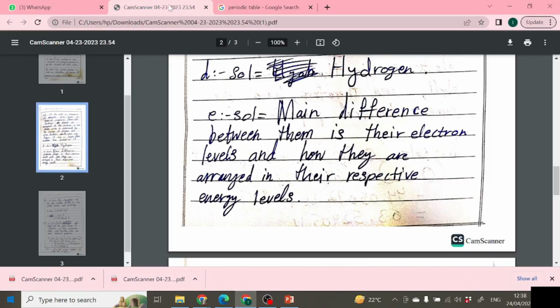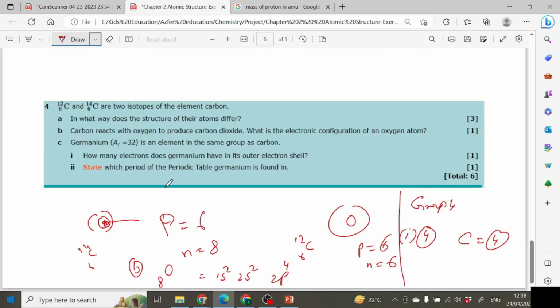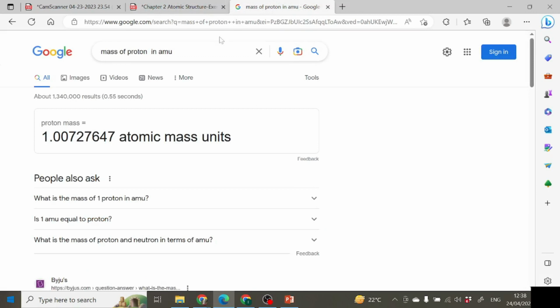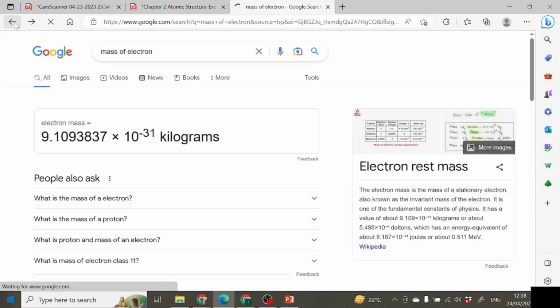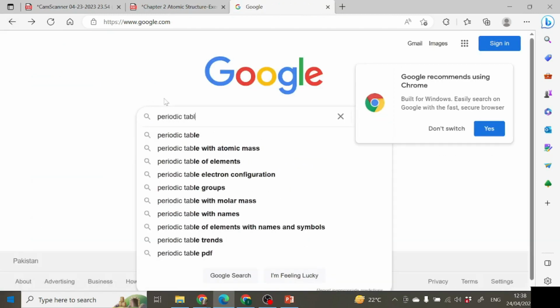Okay, and option 2, state which period of the periodic table germanium is found in. The student says it is in period 3. Okay, periodic table.